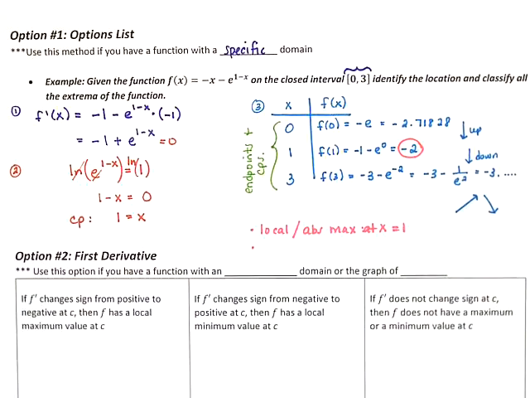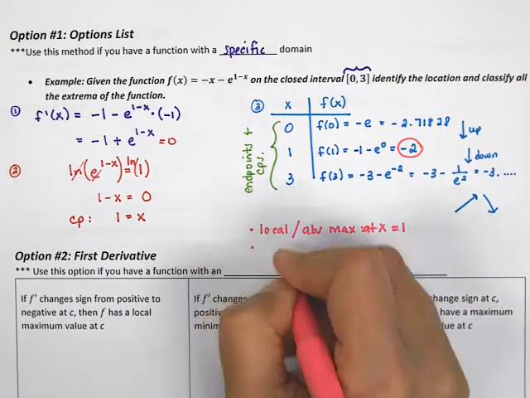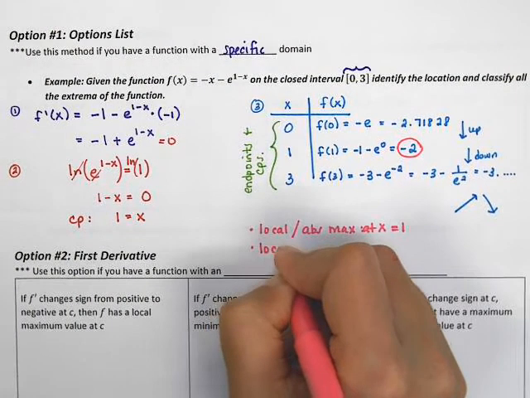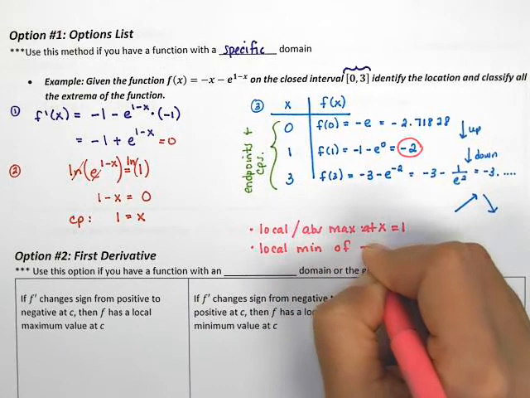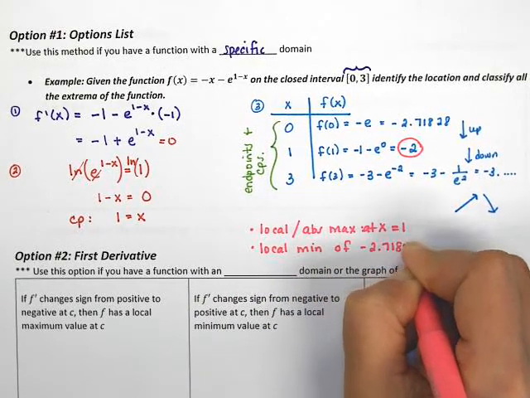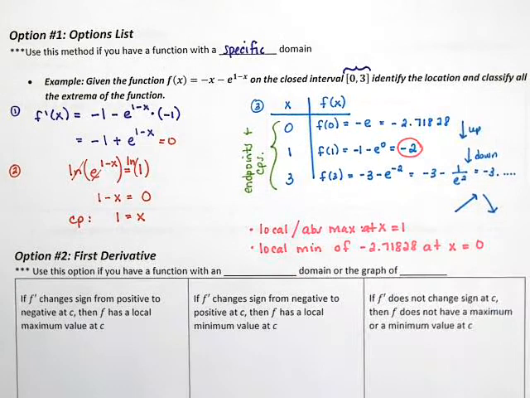Now the minimums would be at the two endpoints, but since -3 is lower than -2.71828, we would say that there's a local min of negative 2.71828 at x equals 0.